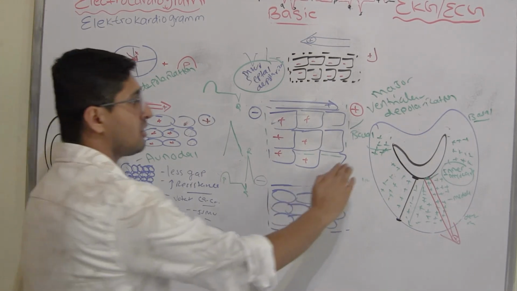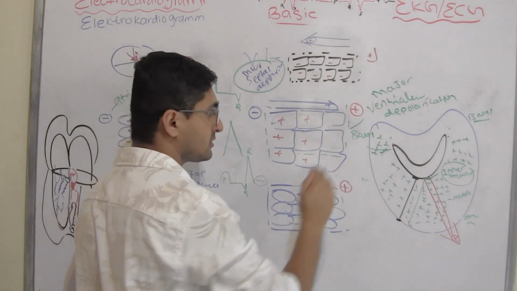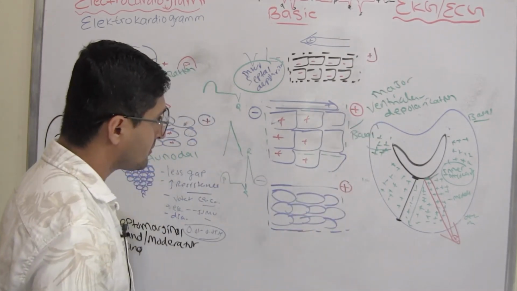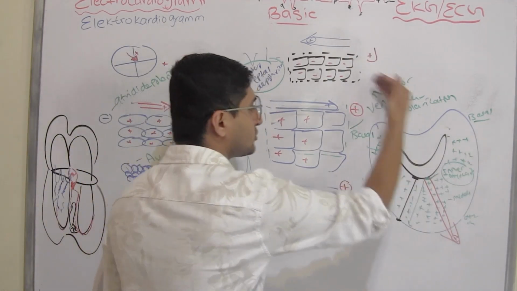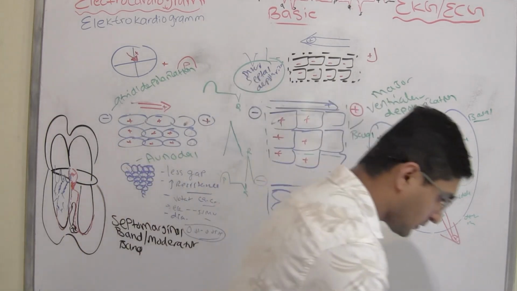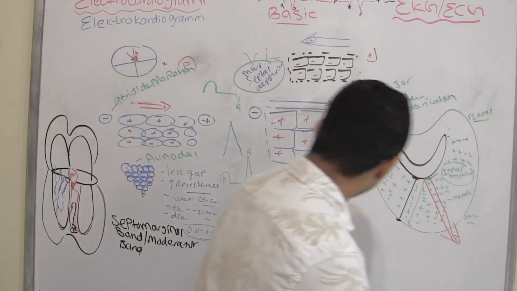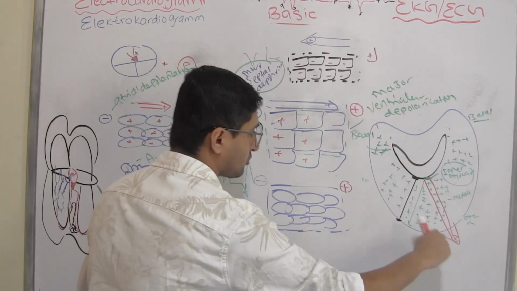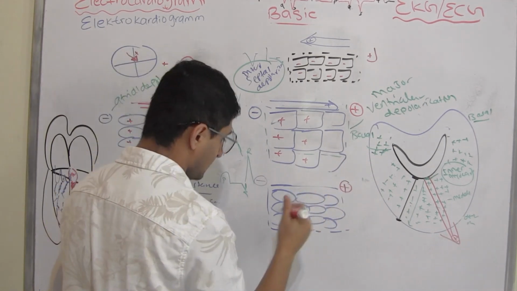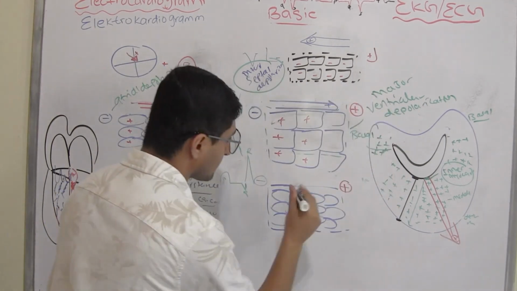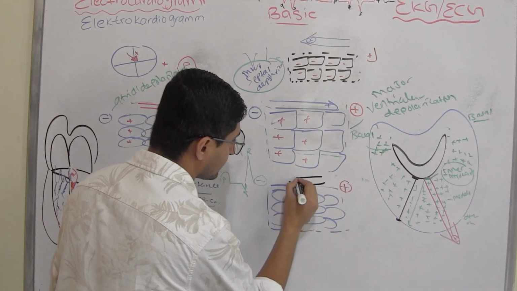That's how the current will flow. Because it's going upward to the right side, not downward, upward, you have a vector that is produced going this direction. I'm drawing in a different color.